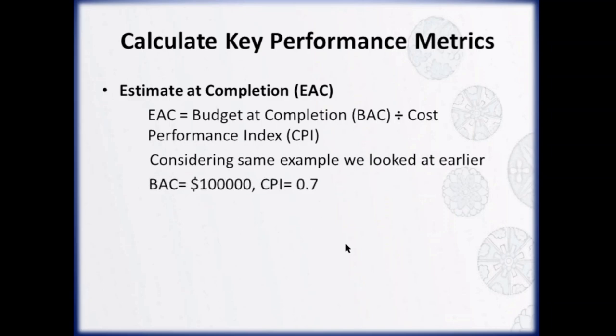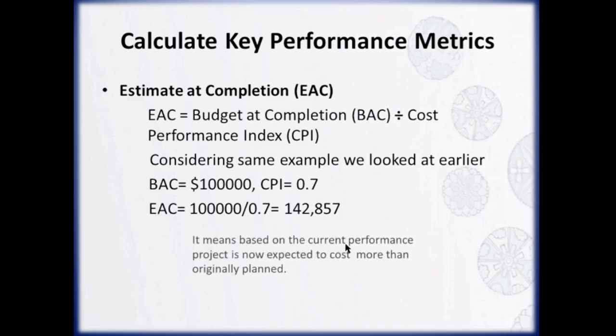Let's go back to the same example. If the original budget or budget at completion was $100,000 and we already calculated the CPI as 0.7, then estimate at completion, EAC, is calculated by dividing 100,000 by 0.7, which gives us $142,857.